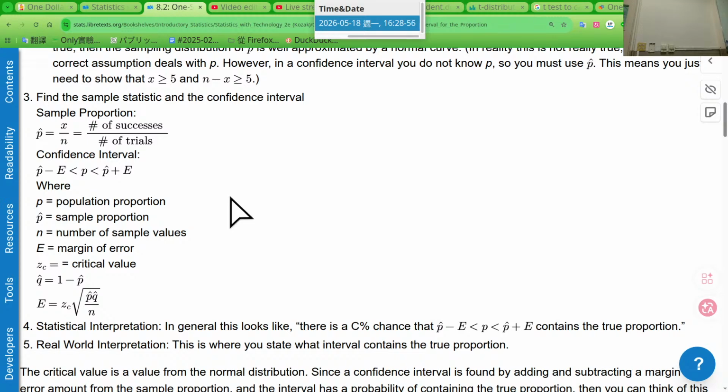We get a p hat here. And now we try to find the real population value, locating it within one range: p hat minus the estimator to p hat plus the estimator. So far, okay?